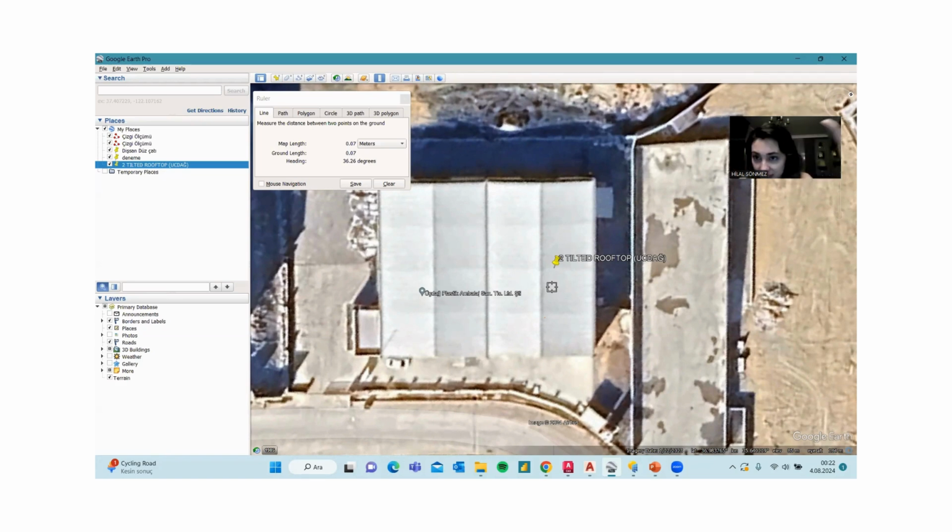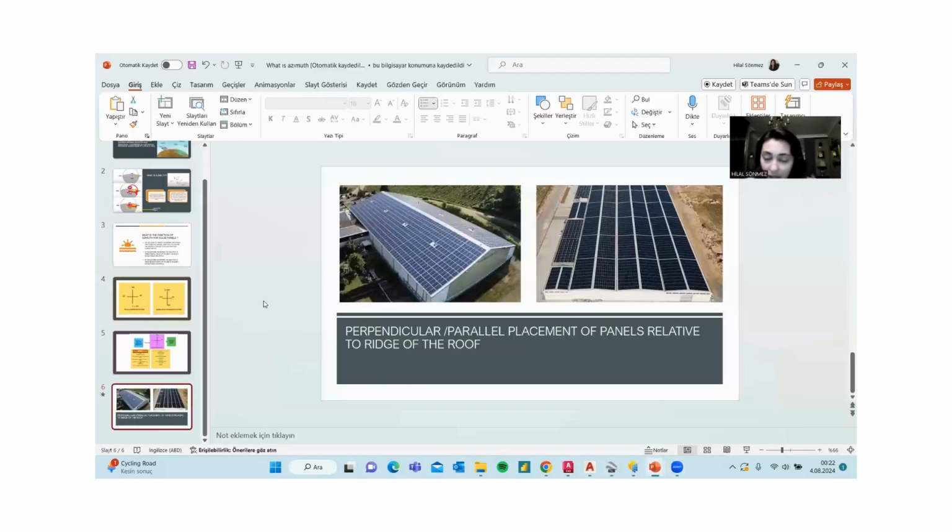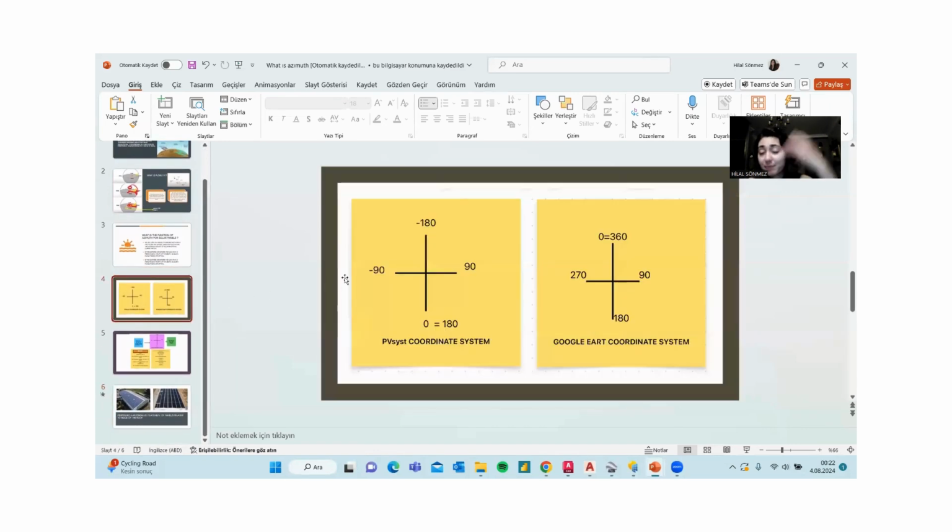Because of these differences, we should make some angle conversion between Google Earth and PVsyst so that the angle we found in Google Earth will be adjustable to PVsyst. How can we calculate this? How can we understand these calculation steps?